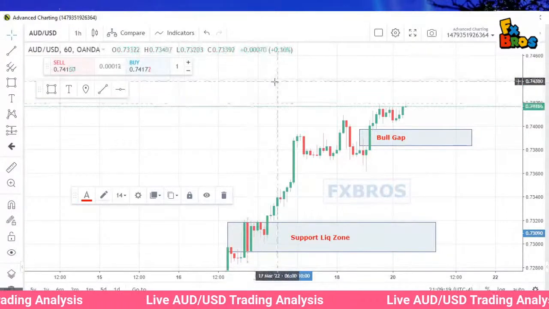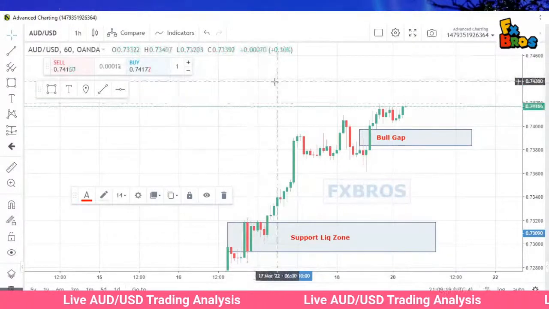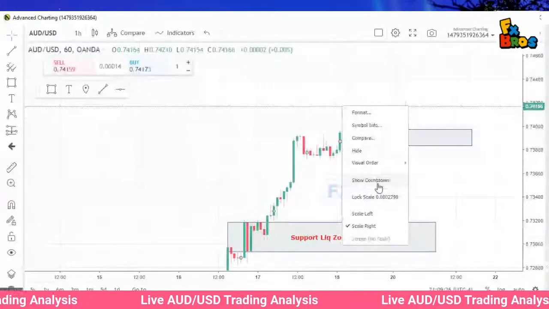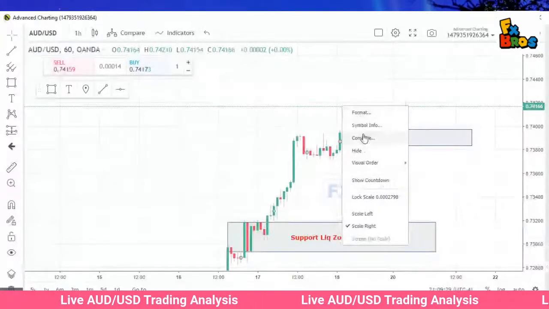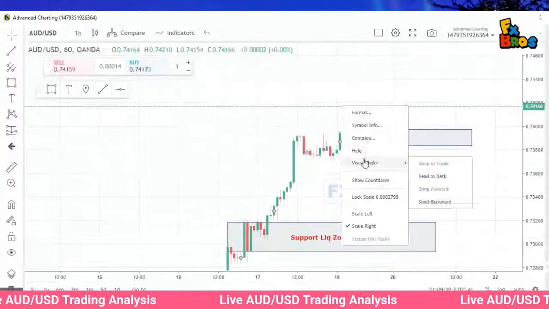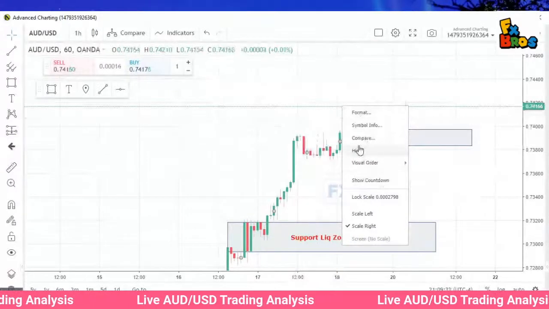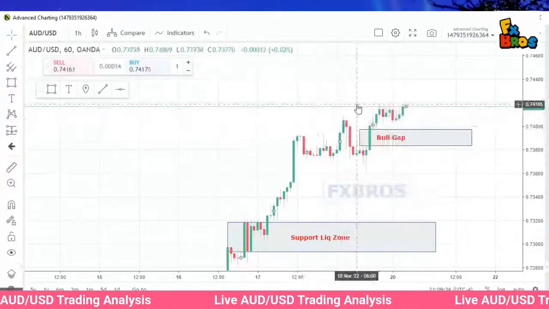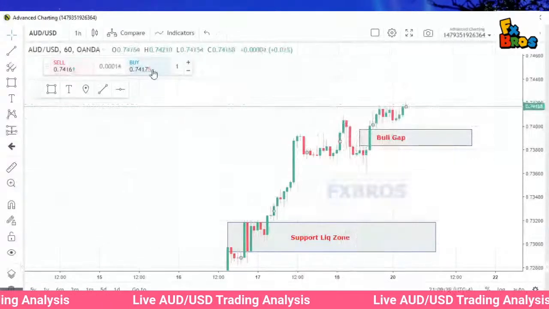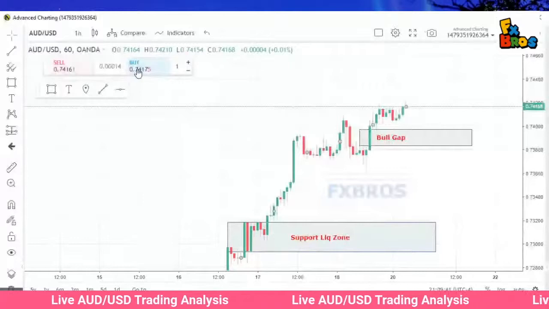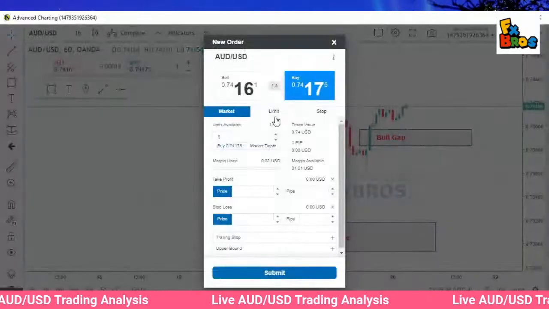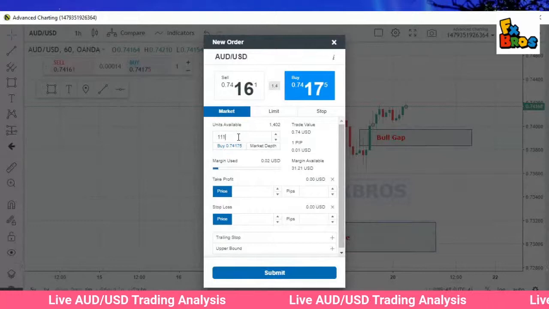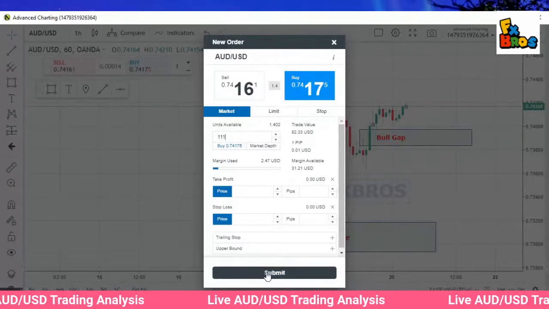So for instance, let's see if I right click. It's really just editing for like the actual screen and whatnot. All right. So if you want to buy, you click buy, and then if you just want to put in your parameters, you just do that.